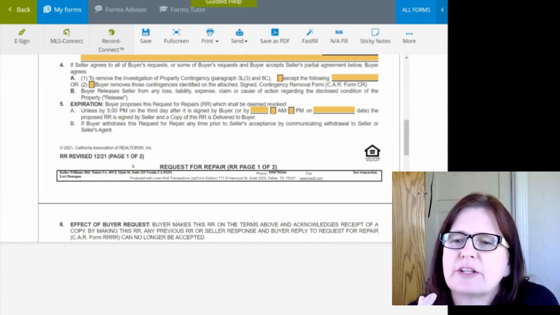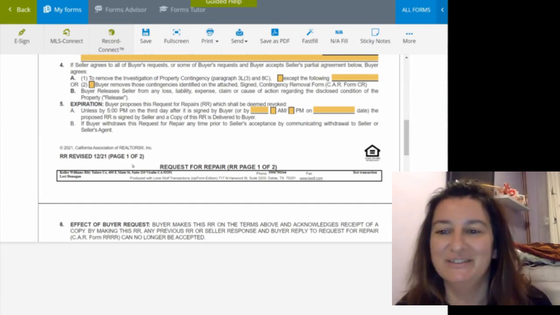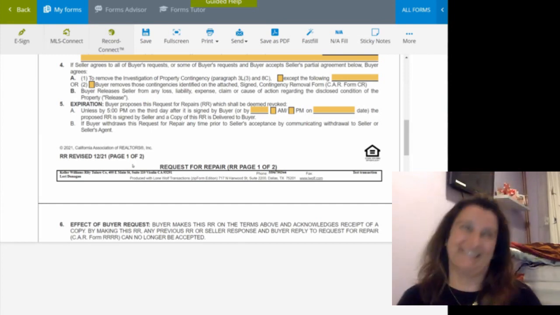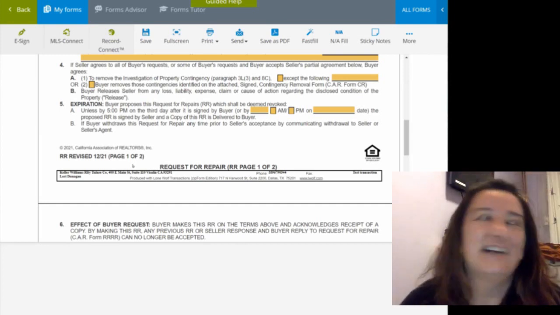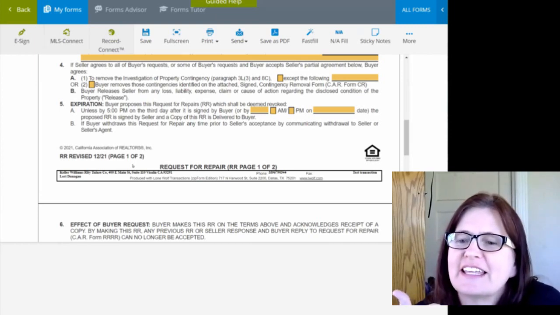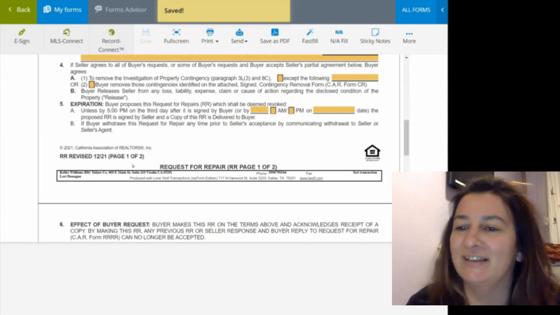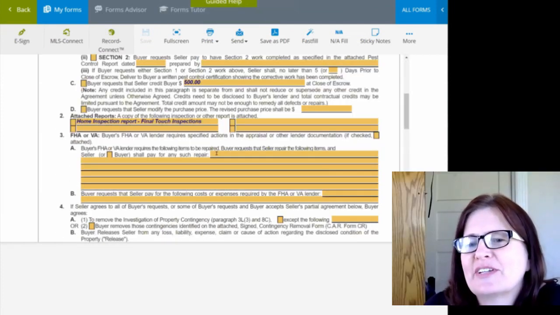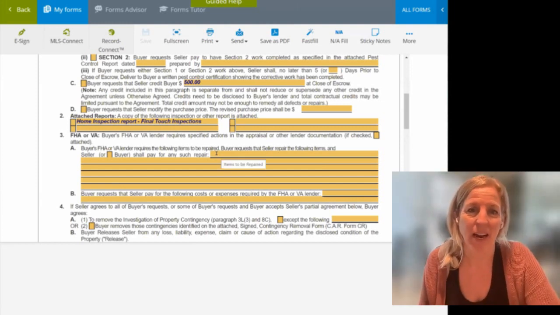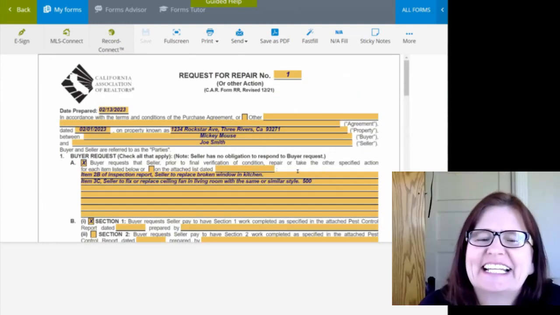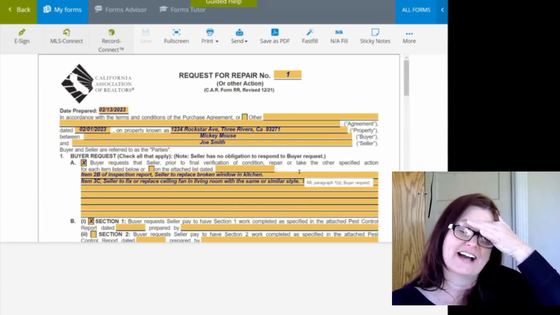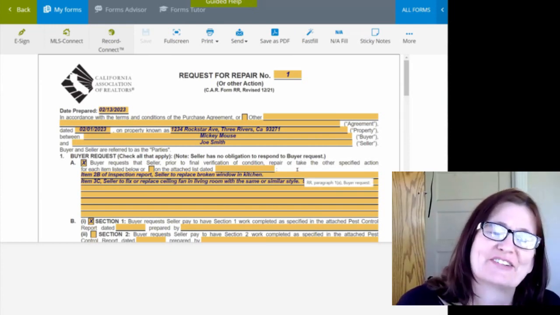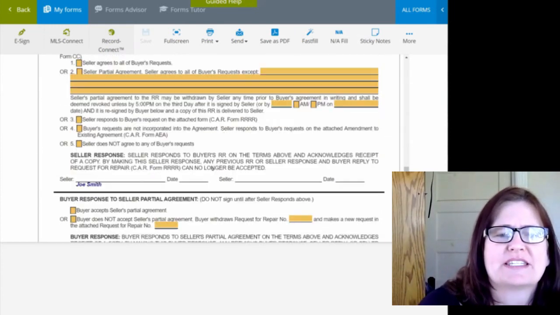And there are two more. They can reject it and not do it. What's the fourth one? Anybody know what the fourth one is? Just ignore it, let the clock run out. They can essentially ignore it. Again, I don't recommend that. So those are the options.